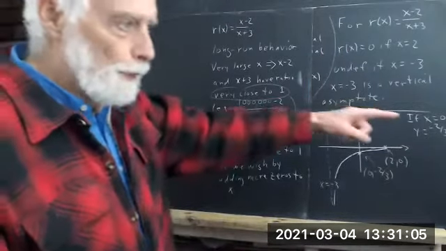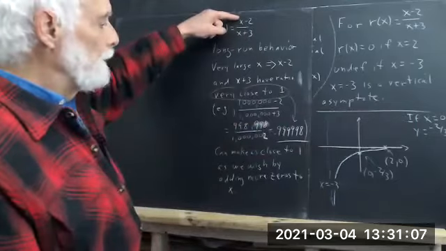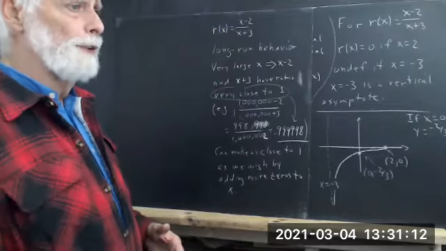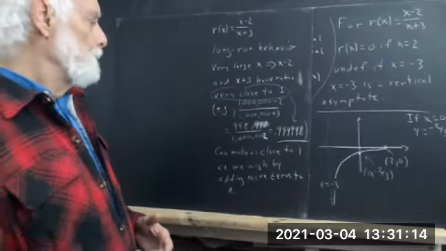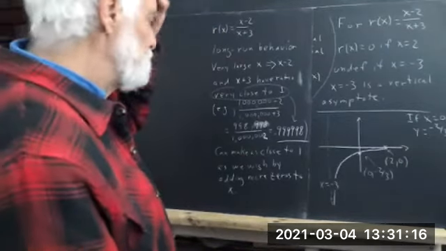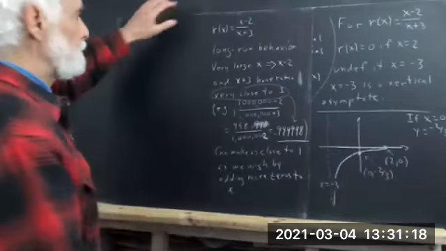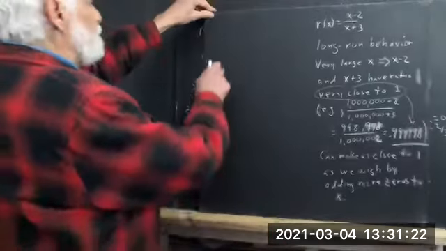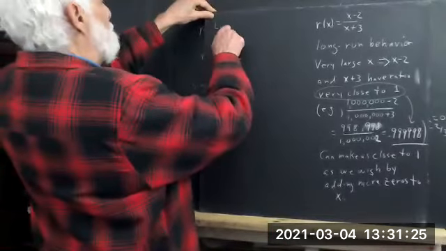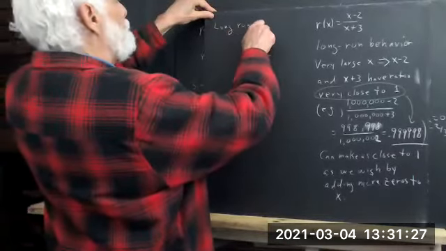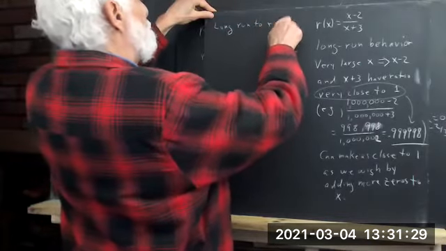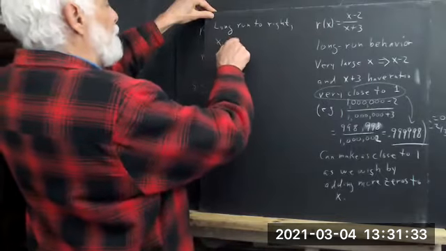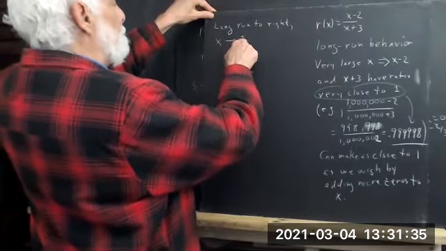Also, as we go to the right, this number is always going to be less than this number, so the value is always going to be less than 1. So we conclude that in the long run to the right, the function approaches 1.